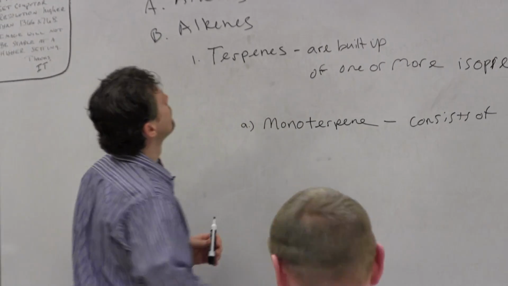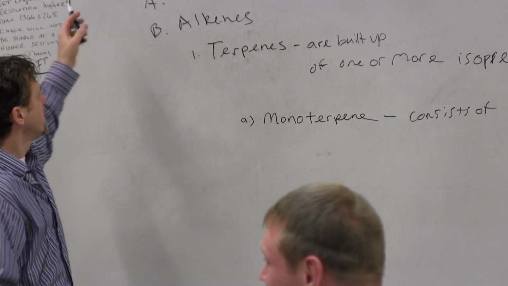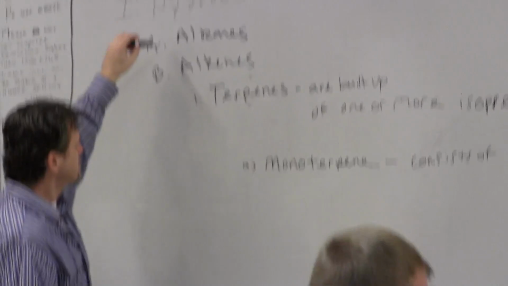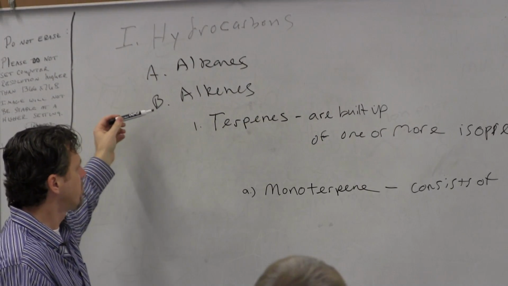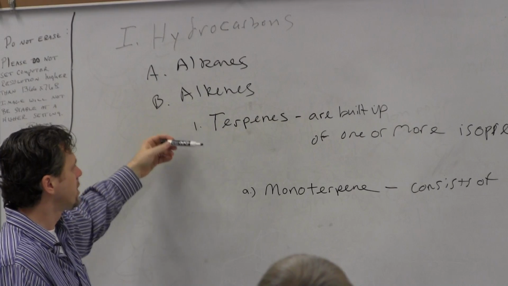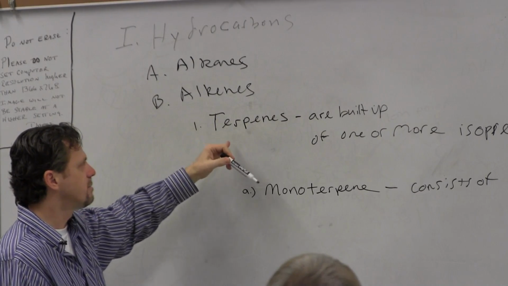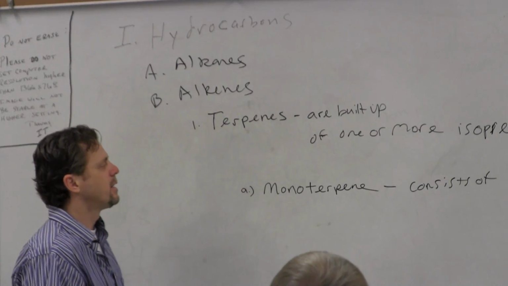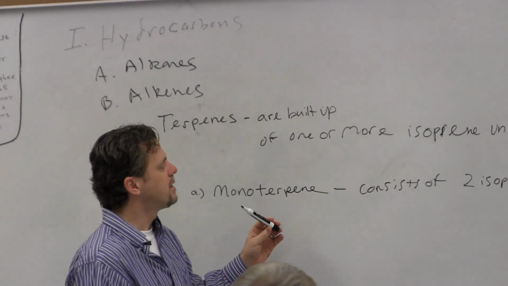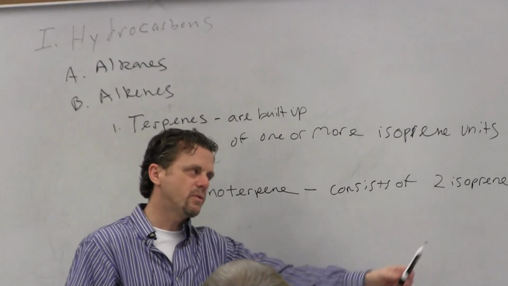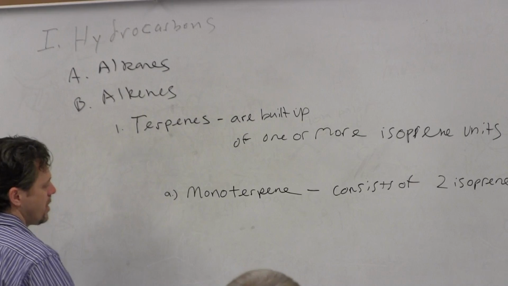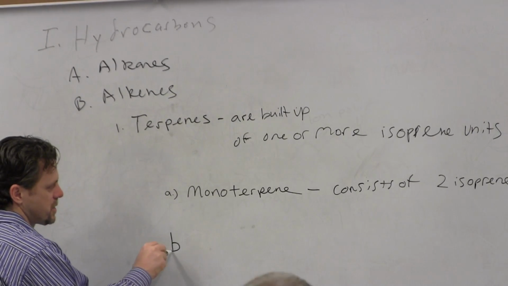All right, so we're still in hydrocarbons, covered alkanes, covered alkenes, and now we did the subclass of terpenes, and a monoterpene is built up of 2 isoprene units. So now I wanted to talk about sesquiterpenes.